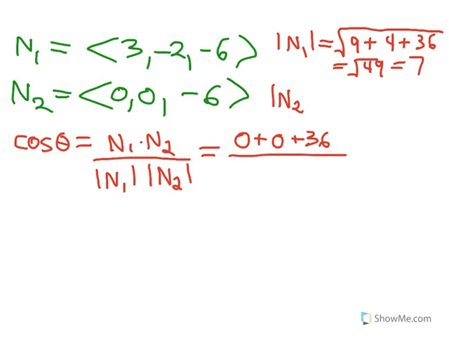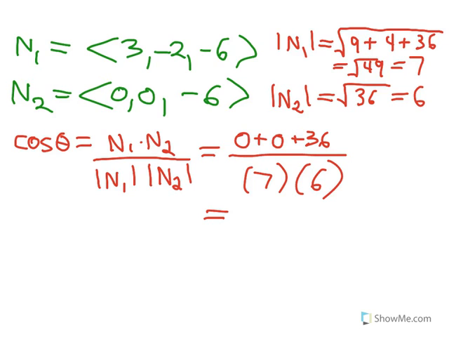We'll do the same thing with N2 quickly. This one's easy because it's just the square root of 0 plus negative 6 squared is 36, and that is 6. So on the bottom we have 7 times 6, and this gives us 36 over 7 times 6, which is just 6 over 7.